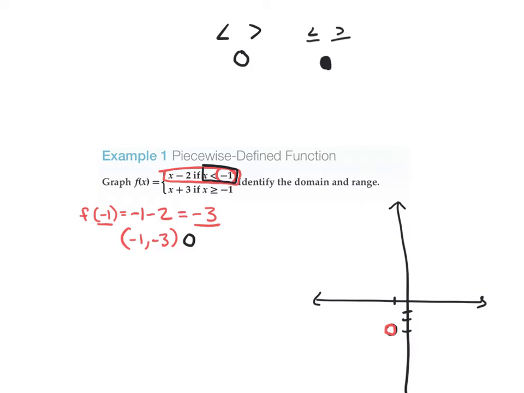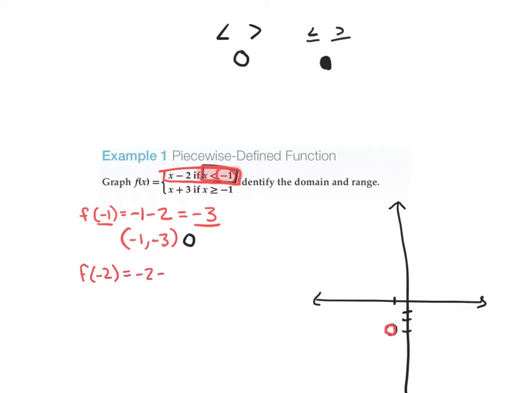Now we want to plug in another point to see where exactly this piece of the graph is going to go. We have to see what was given here. So we have x is less than negative 1. So the next piece we're going to plug in is some number that is less than negative 1. So what's a number less than negative 1? Negative 2. So let's plug in negative 2.